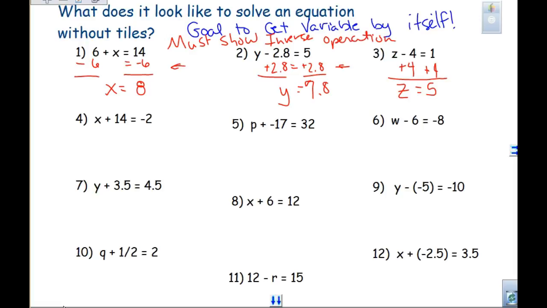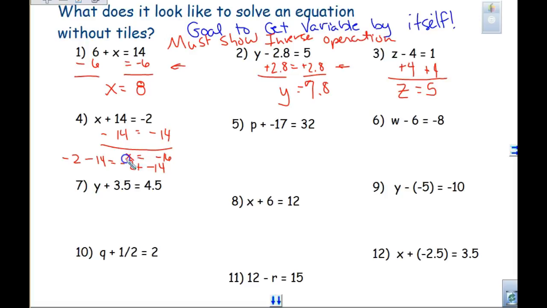In number 4, doing what, Jessica? Subtracting 14. Oh, but that's kind of weird when I have -2 and I have a -14. Remember that when you take -2 minus 14, that's really the same as -2 plus a -14, which is going to give us -16.